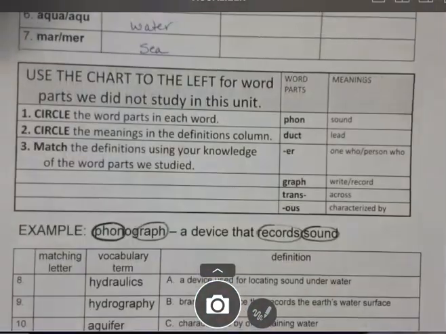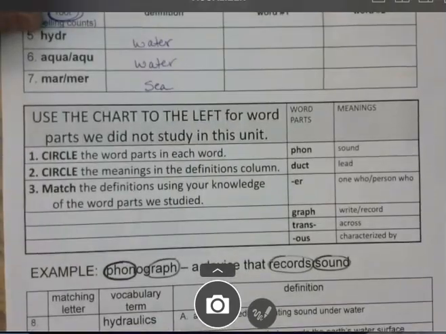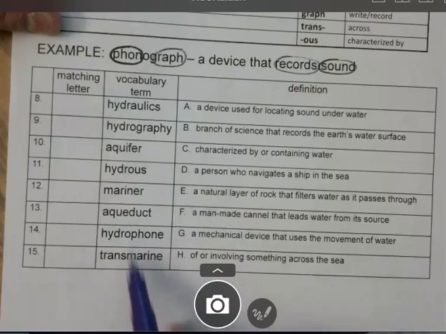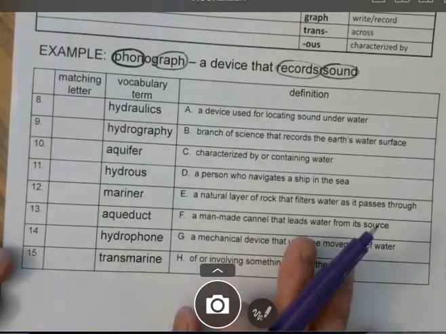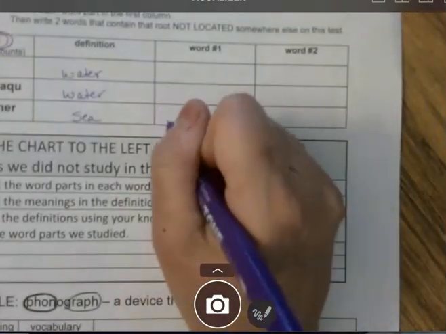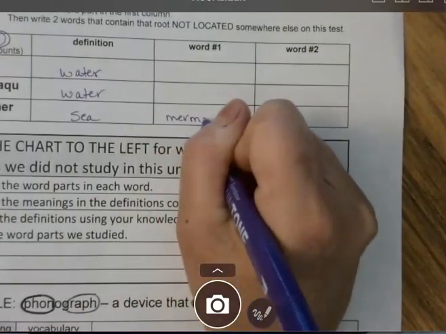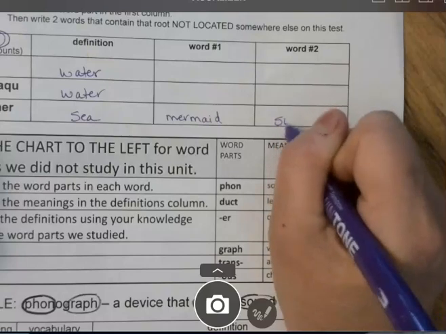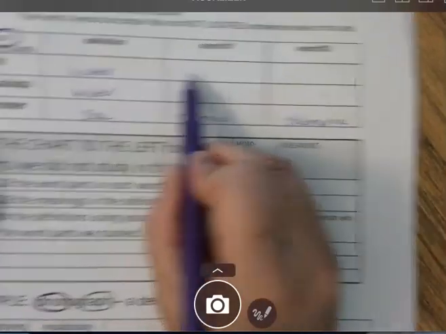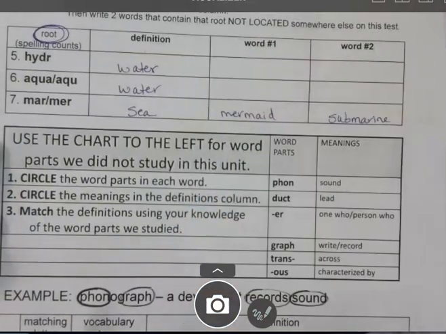So somewhere on this test, we've already talked about hydroelectricity and hydrokinetics, so I can't use that. And then there are some words in the multiple choice part, so I can't use any of these. So I'm just going to do mar as an example, but I could say mermaid and submarine.